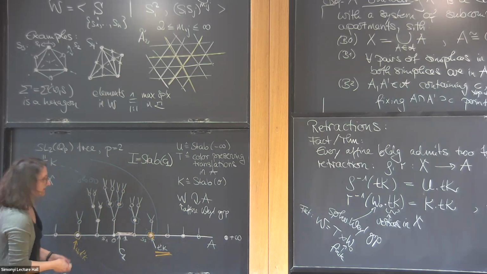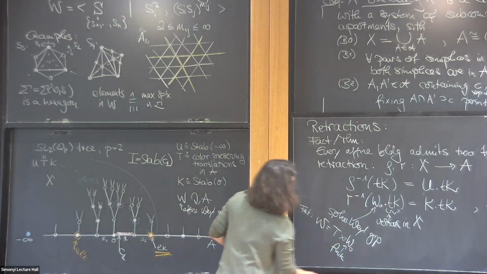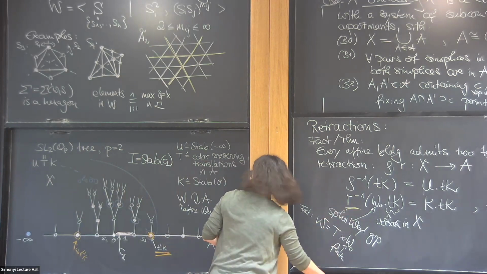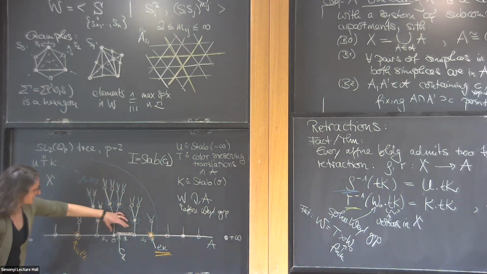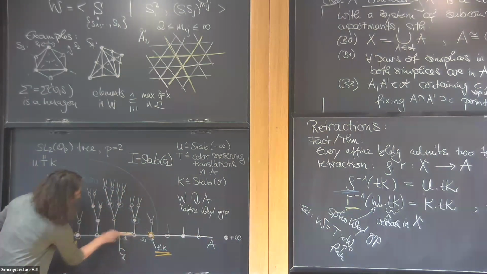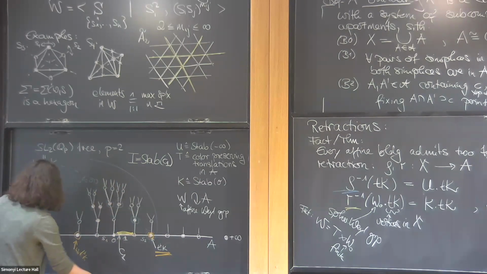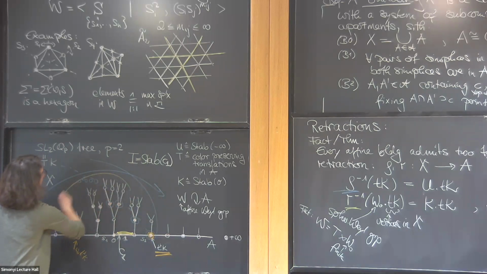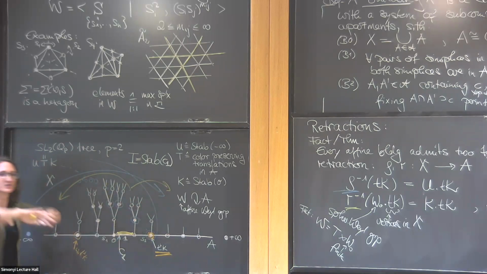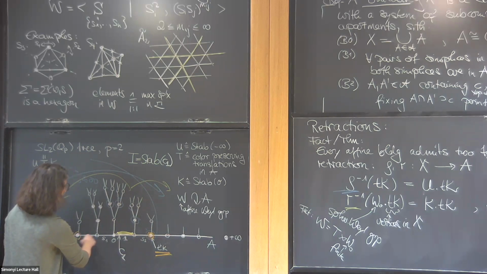And this other retraction, R inverse, it's yellow. This one was the blue one. This really fixes this identity simplex and permutes things left and right. Okay, so while applying rho pushes everything in this direction, applying the yellow thing pushes it to the left and right, giving me a circle around the origin.